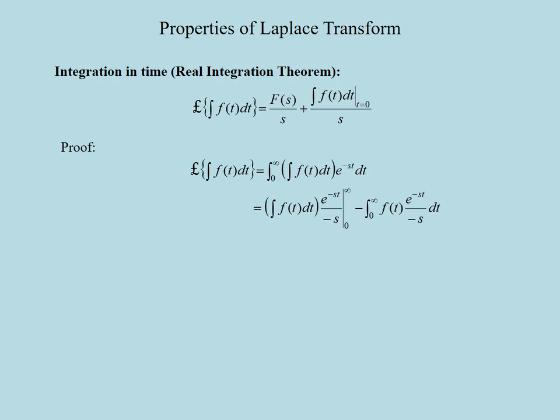In the first term, e to the minus st evaluates to 0 as t goes to infinity. Therefore, what remains from the first term is its value at t equals 0. In the second term, we take minus s out of the integration sign. So this integral is now capital F of s. And that gives us the Laplace transform of the integral of f of t.